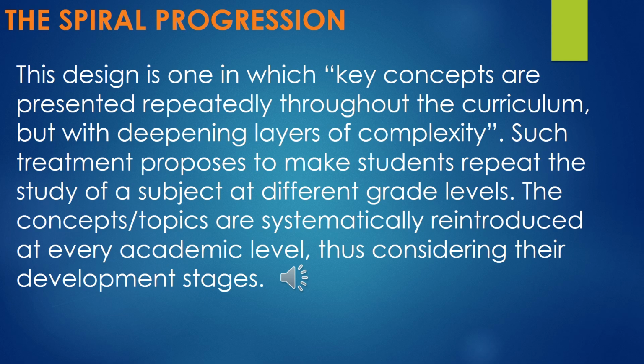The basic idea behind the spiral progression approach is to expose the learners to a wide variety of concepts or topics, skills, and attitudes that are deemed of continual concern to everyone until they are mastered.